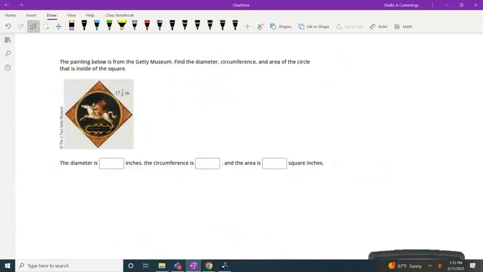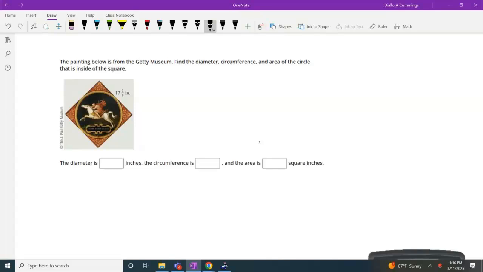And it says the painting below is from the Getty Museum. We're asked to find the diameter, the circumference, and then find the area of the circle that is inside of the square. So now if we notice, what we're actually taking a look at is this square, right?